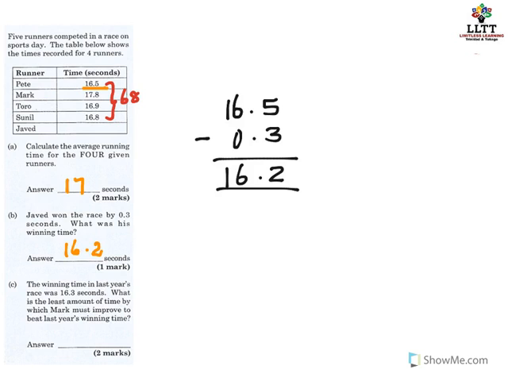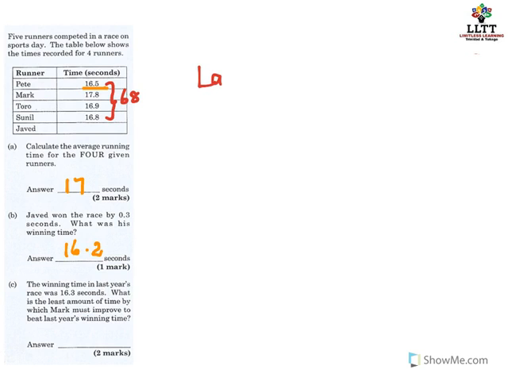And part C. The winning time in last year's race was 16.3 seconds. What is the least amount of time by which Mark must improve to beat last year's winning time? So last year, the winning time was 16.3 seconds.